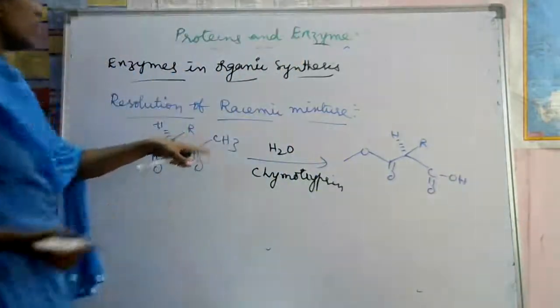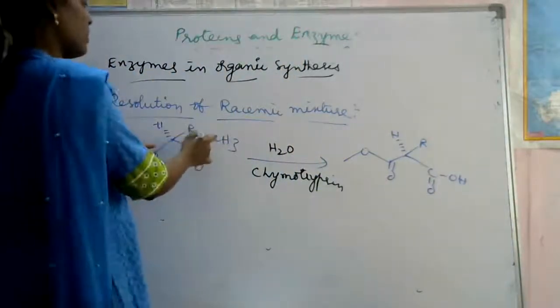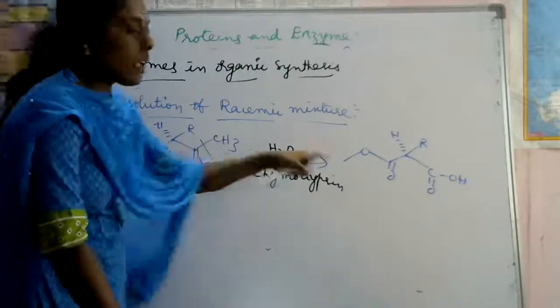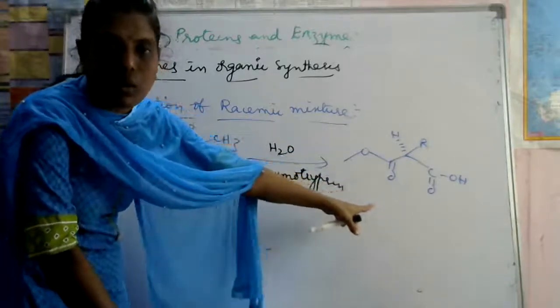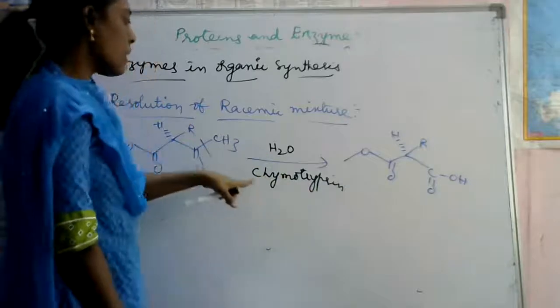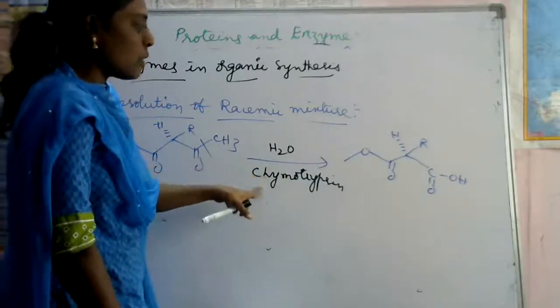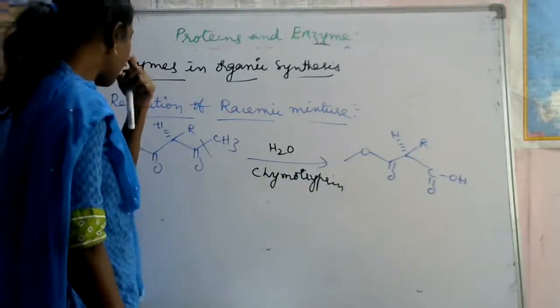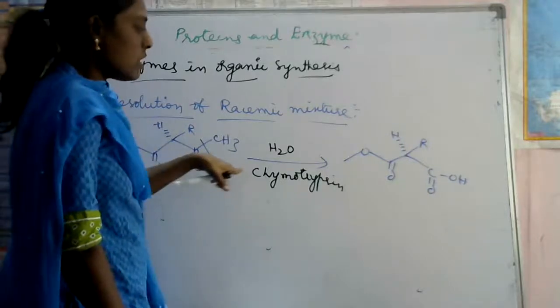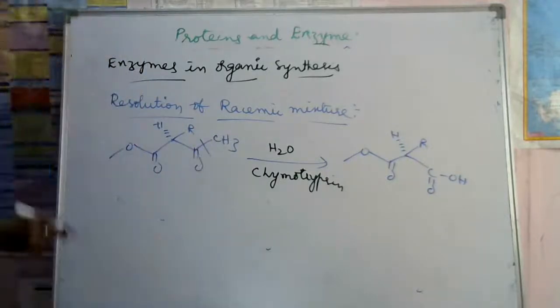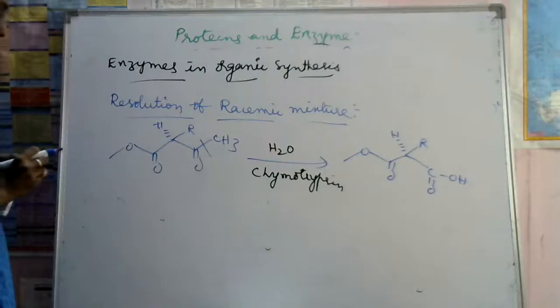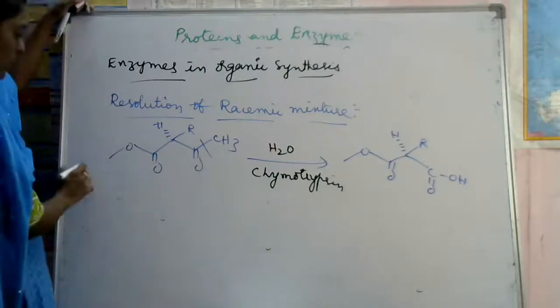If you see here, this will be removed and this CO becomes the COOH group. So with the help of this chymotrypsin enzyme, we do this hydrolysis oxidation process. Okay, so next example.